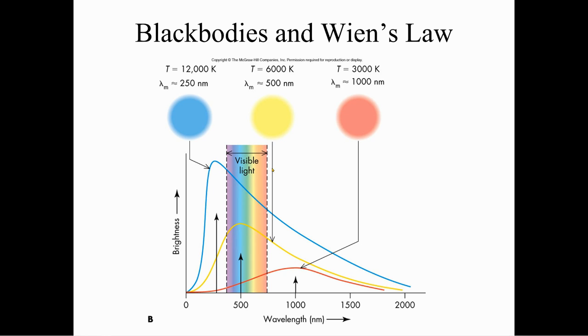That's what we can see. A red or infrared star radiates brighter in this area, and ultraviolet or blue stars radiate outside the visible spectrum. So it's hard for us to see anything that doesn't look like our sun without special instruments, special telescopes.